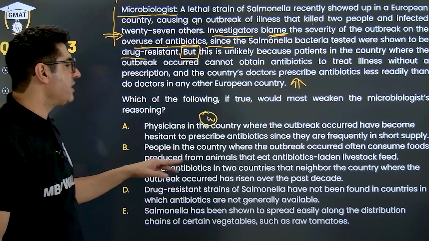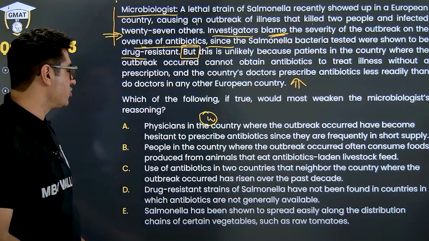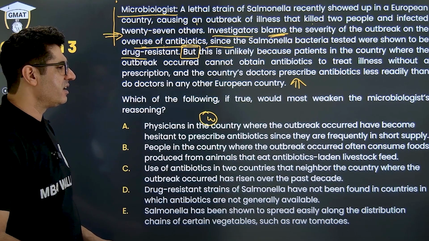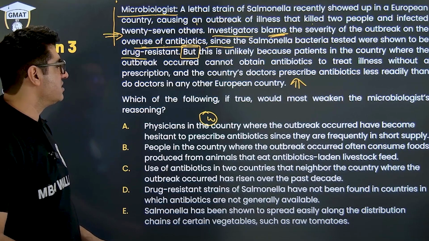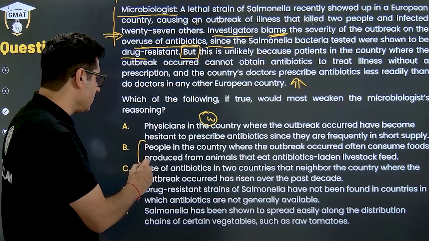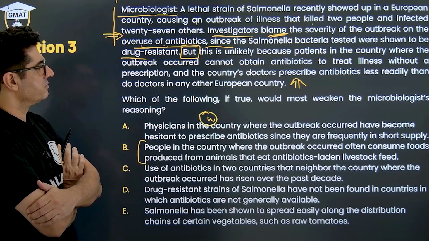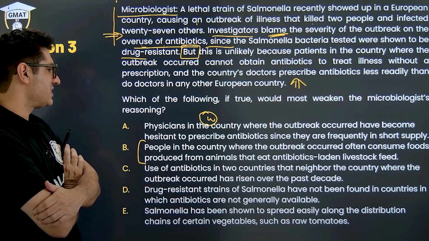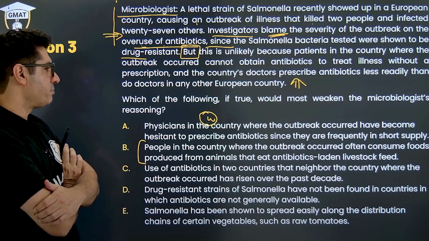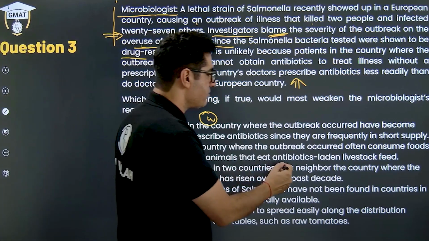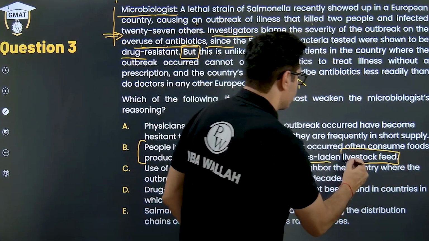B, people in the country where the outbreak occurred often consume foods produced from animals that eat antibiotics laden livestock feed. Okay, so what does this do? It says that hey, here are countries where people eat those animals that were given antibiotics laden livestock feed.